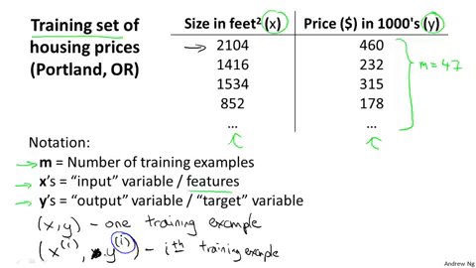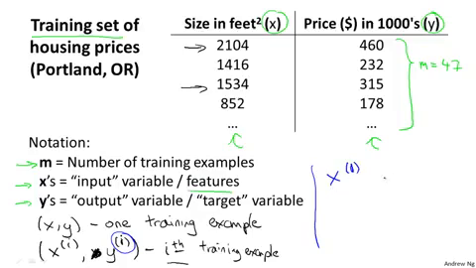This x^(i), y^(i), the superscript i in parentheses, that's just an index into my training set, and it refers to the ith row in this table. Okay, so this is not x to the power of i, y to the power of i. Instead, x^(i), y^(i) just refers to the ith row of this table. So, for example, x^(1) refers to the input value from the first training example.